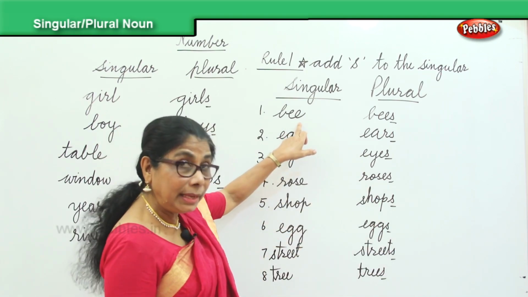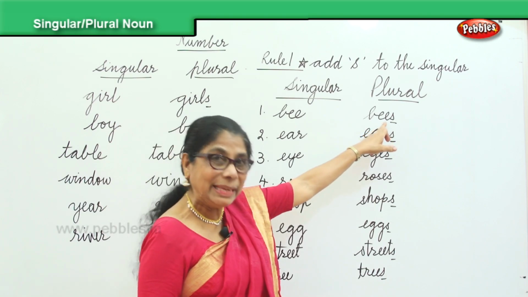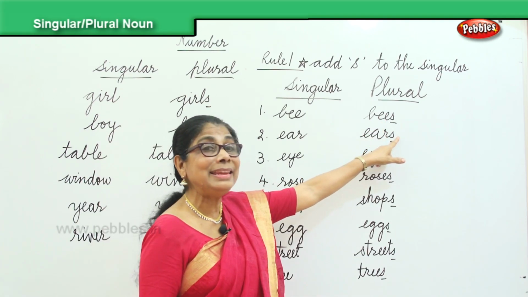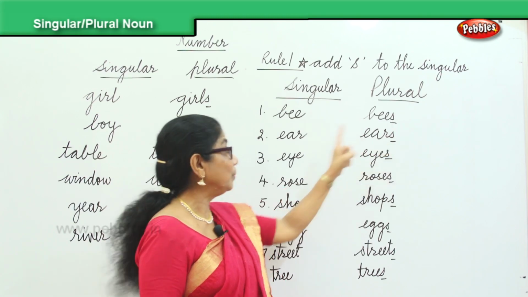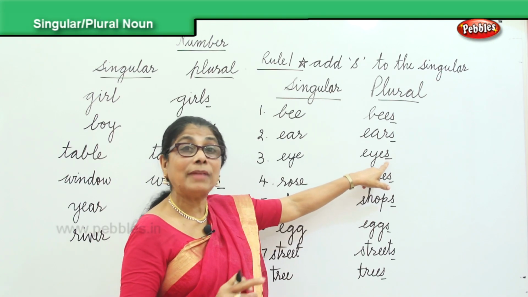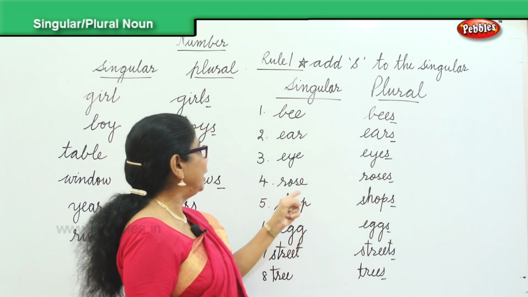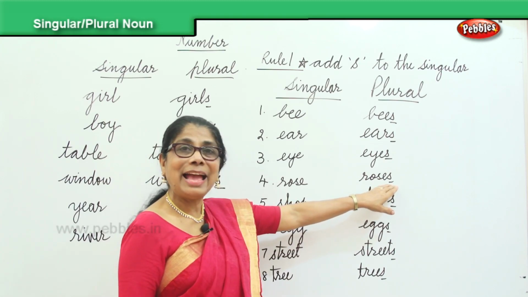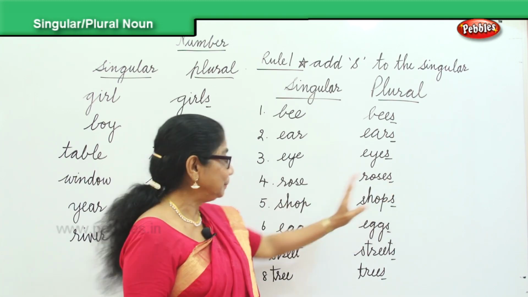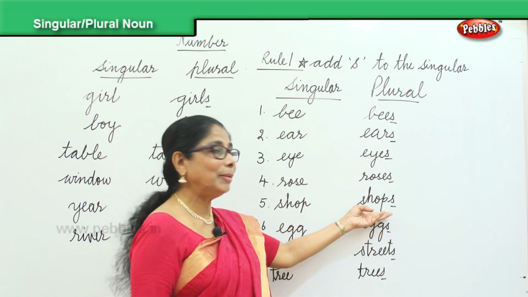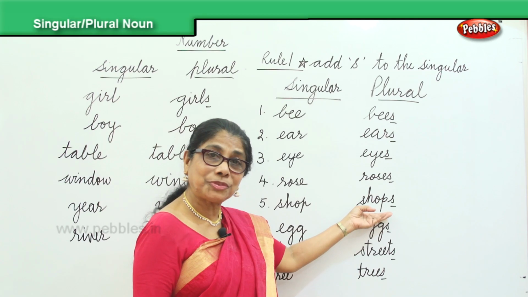Like bee, you put s, become bees. Ear, you put an s at the end and you have ears. And you have eye, you put an s at the end, you have eyes. Then you have rose, add an s, and you have roses. You have shop, you added s and you have the plural form shops.